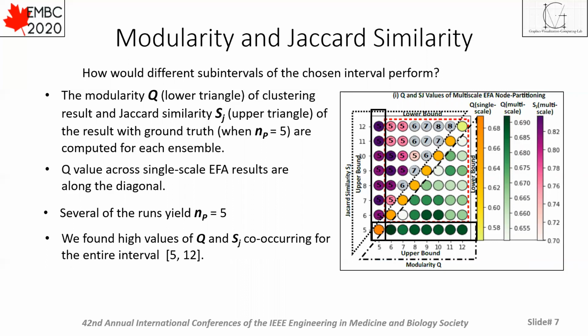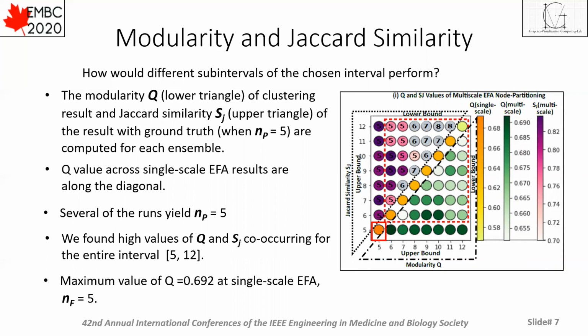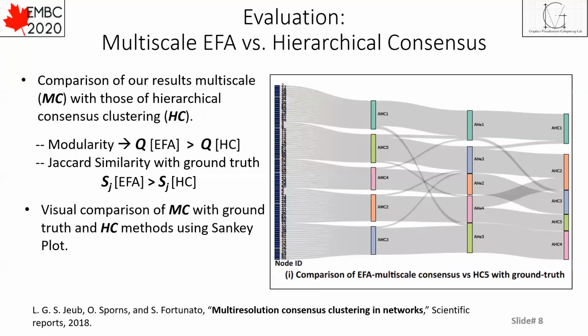Maximizing Q gives the optimal subinterval of scales to be 5, 6 for multiscale experiments and 5 for single-scale experiments. We thus find high values of Q and SJ co-occurring for the entire interval 5 to 12. Overall, we conclude that the optimal number of partitions is 5 for this dataset.